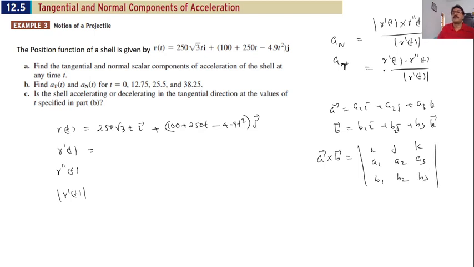Using this formula you can calculate r dash t cross r double dash t, take the modulus, and divide by modulus of r dash t. So you can try and finish this.